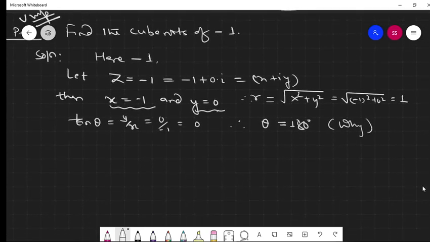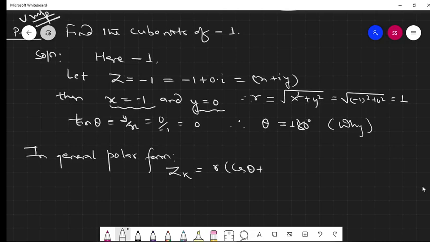Now after finding all this procedure, in general polar form, we can express zk equal to r cos theta plus k 360 degree plus i sin theta plus k 360 degree. This is the general polar form.